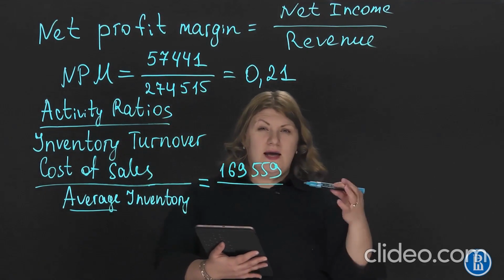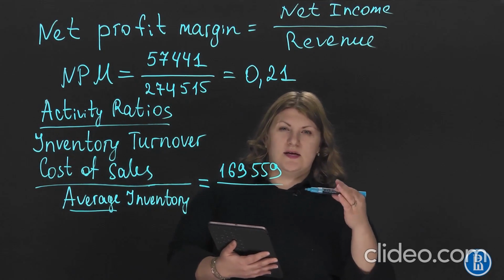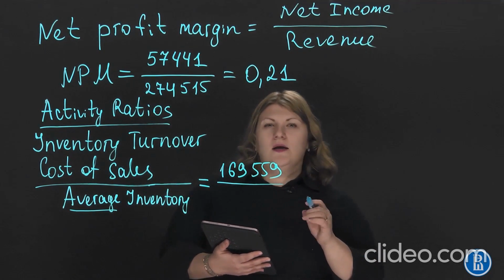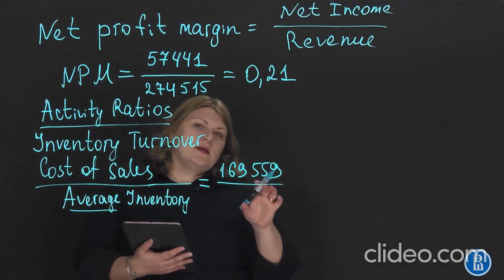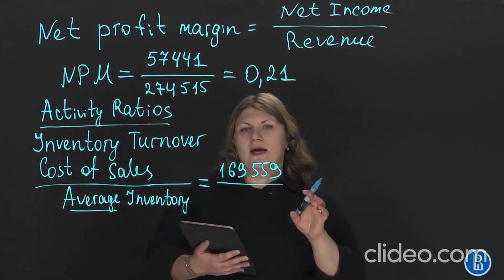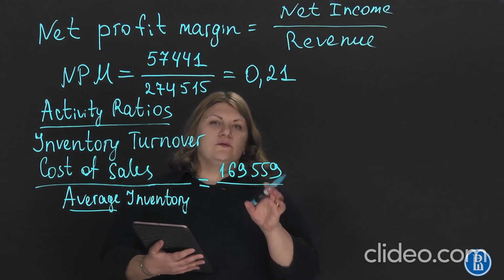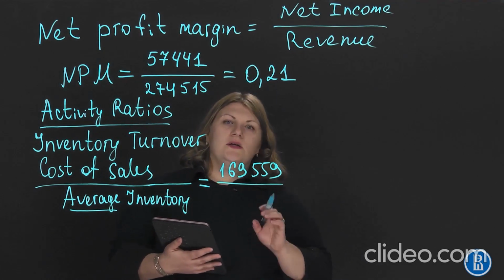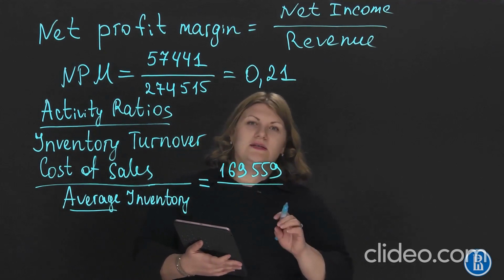When we say average, we mean that it requires further calculations. In each income statement, you will have information for 2 years. In our case, this will be 2020 and 2019.